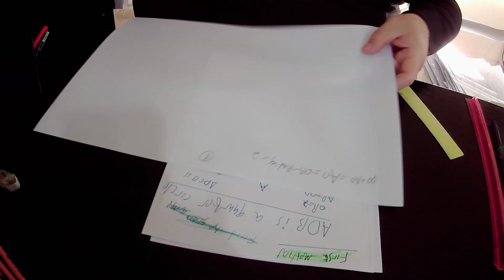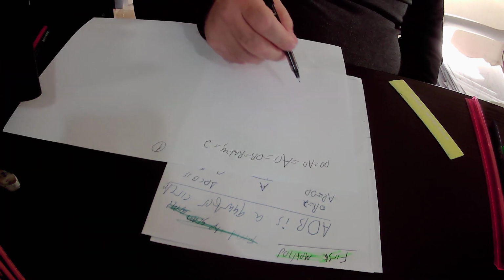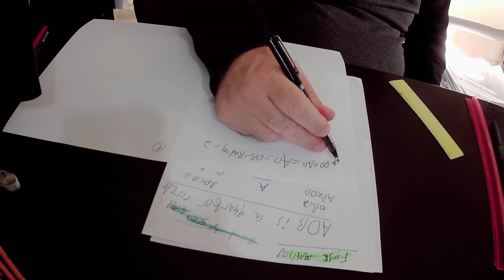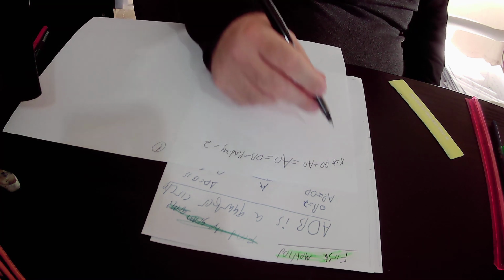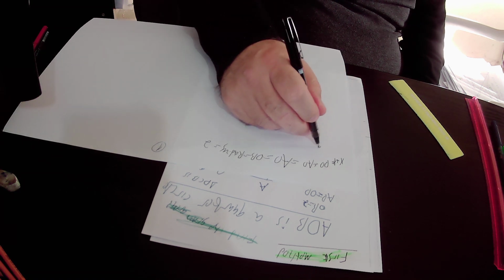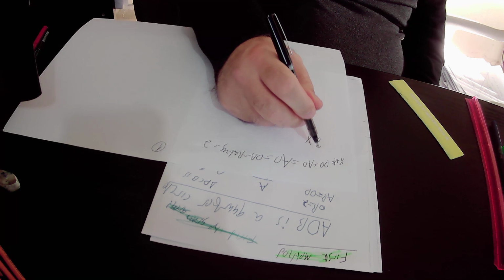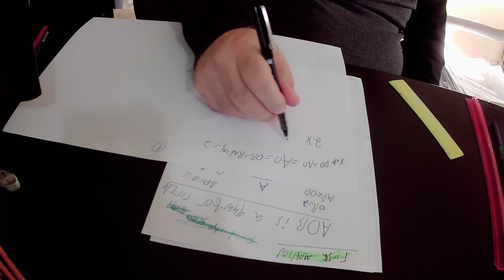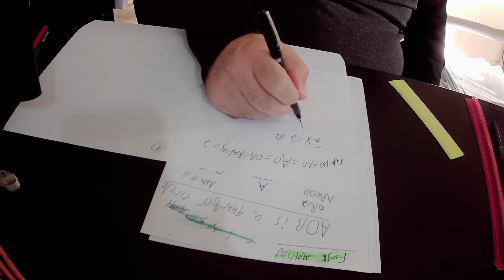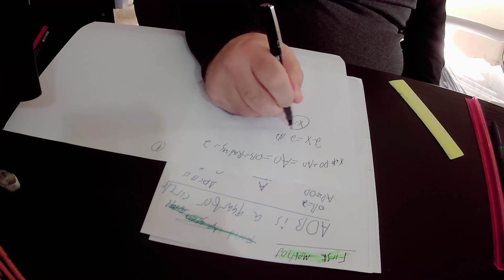So here AD equals x and DO also equals x according to our definition. So from this long equation we have x plus x is 2x, and 2x equals 2. We'll divide this equation by 2 and we get that x equals 1.